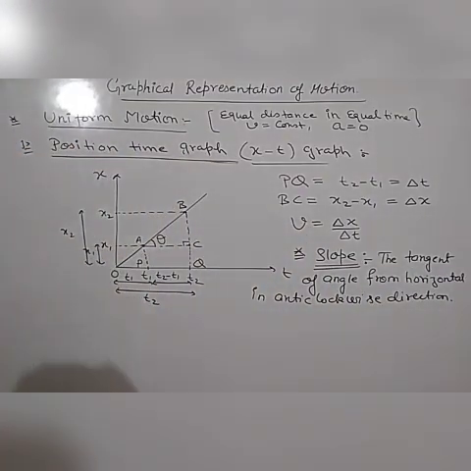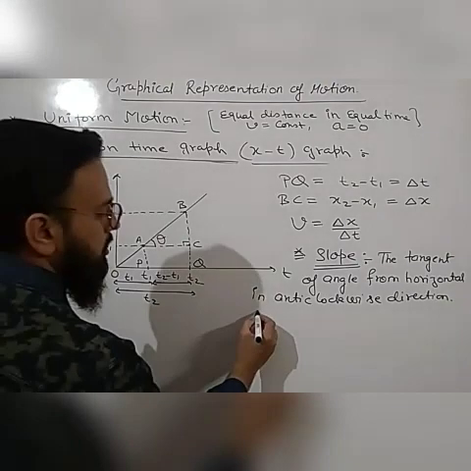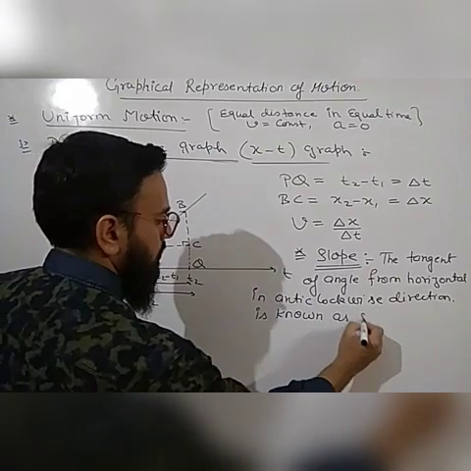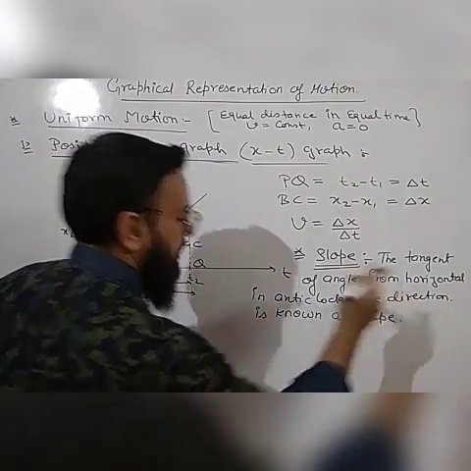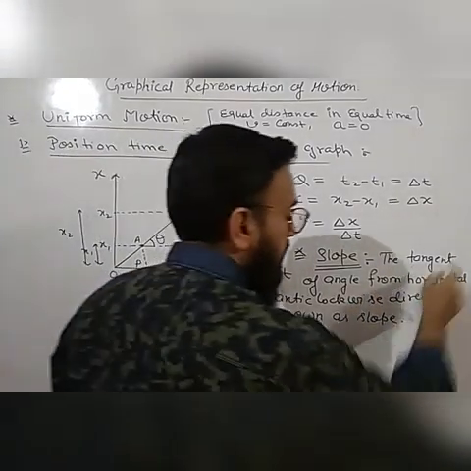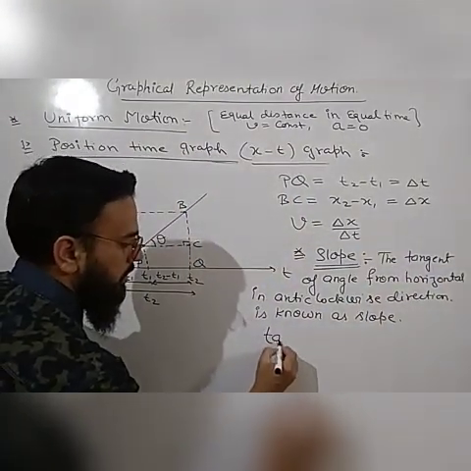The tangent of the angle from horizontal in the anti-clockwise direction is known as slope. Now what is this tangent? Tangent means tan theta.